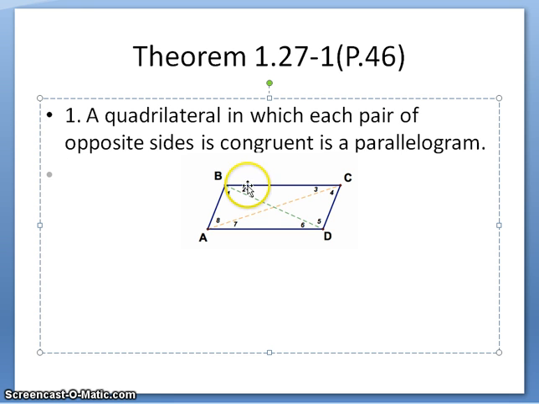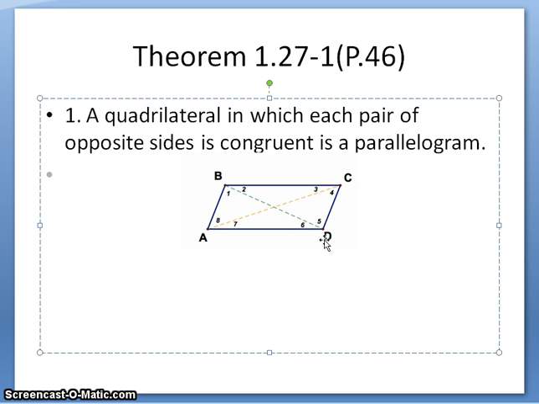So clearly we know angle 6 and angle 2 are congruent, so they form a pair of alternate interior angles. And similarly, we can show that angle 8 and angle 4 are congruent, so they're also a pair of alternate interior angles, and so we can show BC and AD parallel, and AB and CD parallel.